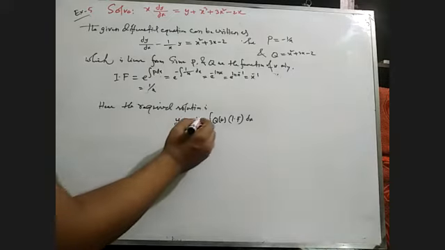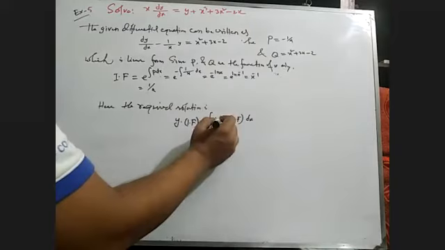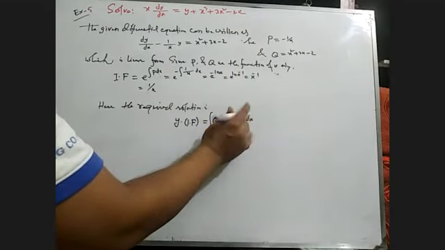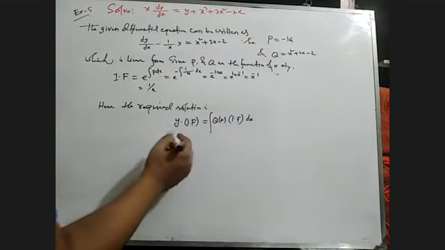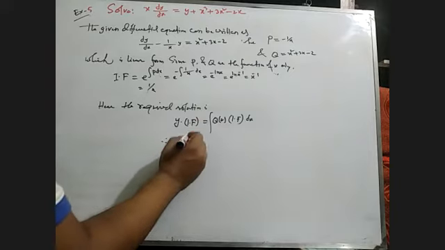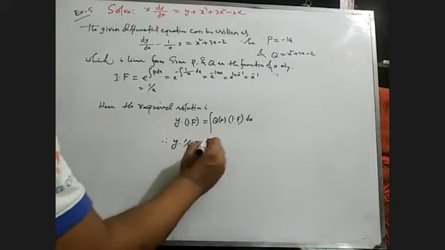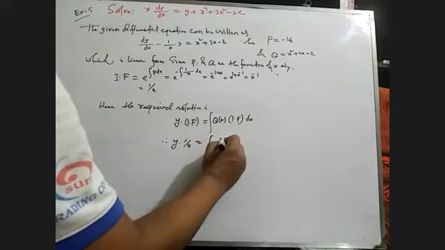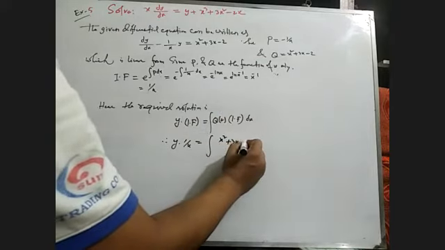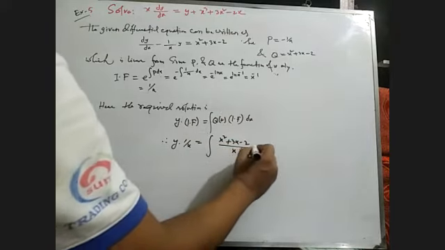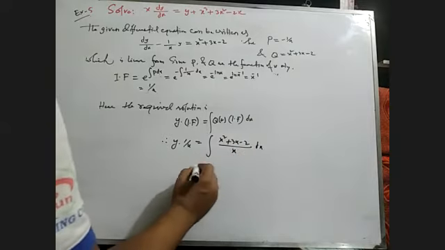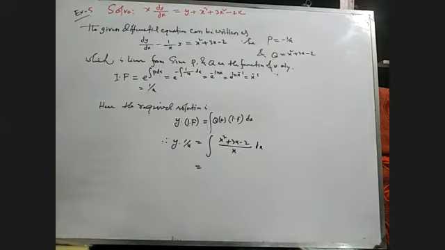Now what will the required solution be? y into the integrating factor equals the right hand side, q of x multiplied by the integrating factor, and this integration. So y times the integrating factor 1 by x, and q will be x square plus thrice x minus 2, times the integrating factor 1 by x, dx. This integration is very easy for you.